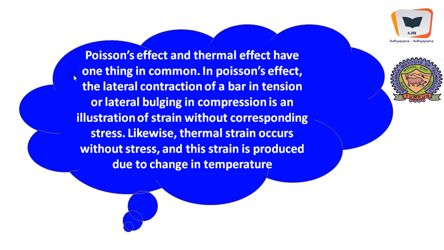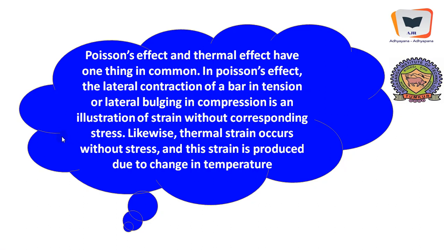So with this we are going to make a very important observation. I think you must have guessed. Poisson's effect and thermal effect have one thing in common. In Poisson's effect, the lateral contraction of a bar or a rod in tension, or lateral bulging of a cylinder in compression, is an illustration of strain without corresponding stress. We never pull sideways, or we never push sideways.